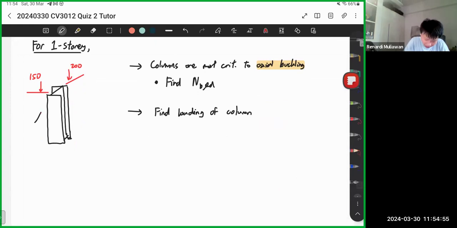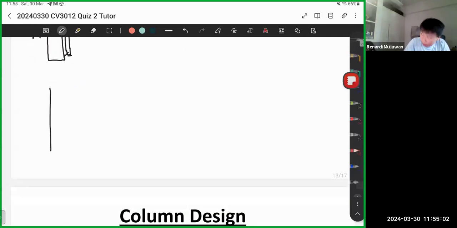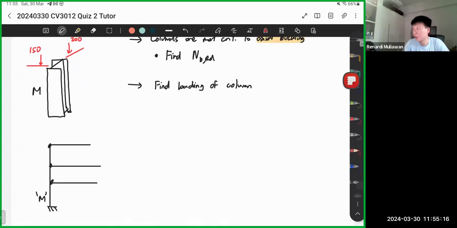Let's give this column M. Imagine this is the building, and this is column M. This is story 1, story 2, and so on. So how do you find the total loading? NED is the loading here.